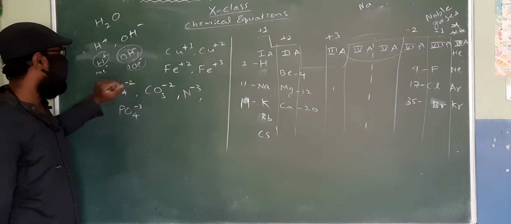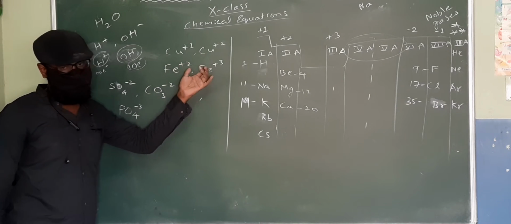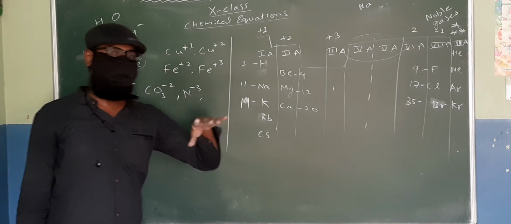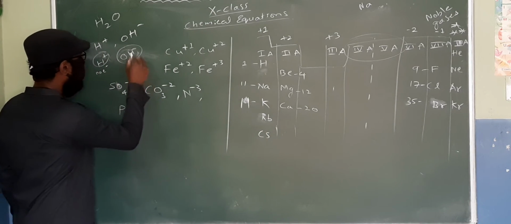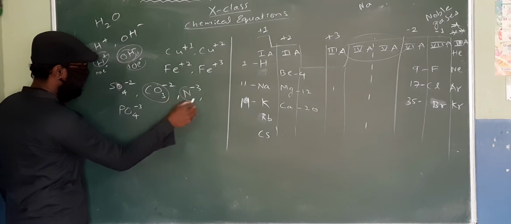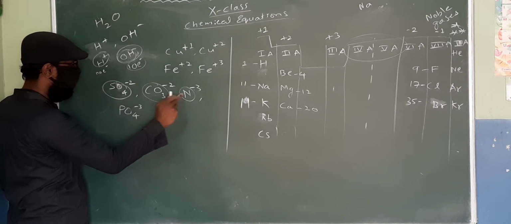This is one of the examples where we are not talking about only atoms as cations and anions. In the previous class I showed only the atoms which have either lost electrons or gained electrons. Now I am showing you the molecules also which have either lost or gained electrons.